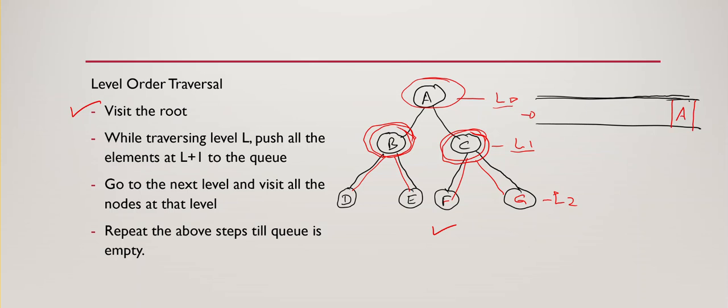So first it will add B to the queue, and then it will add C to the queue. A is popped out, and we will add B and C to the queue.